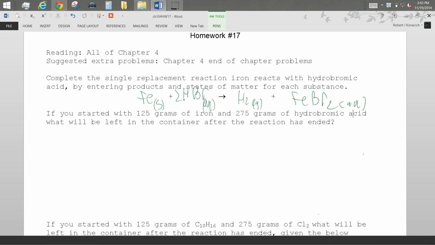Not when they both disappear, because they're not going to both disappear. One's going to run out. Why won't they both disappear? They're both not going to run out. Nope, absolutely not. The whole point of these questions is to figure out who runs out first.